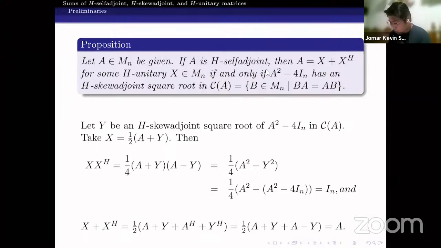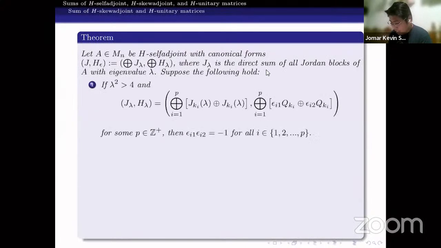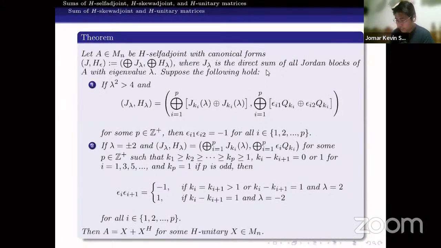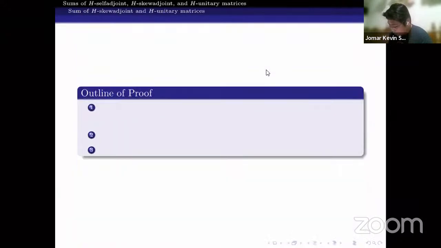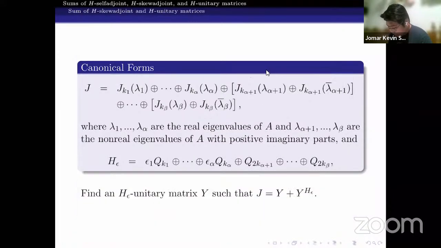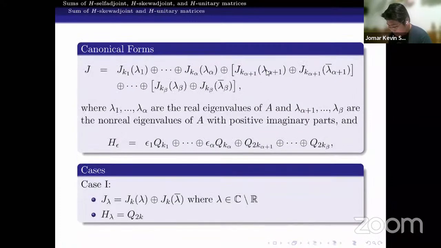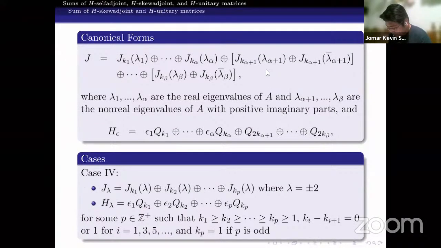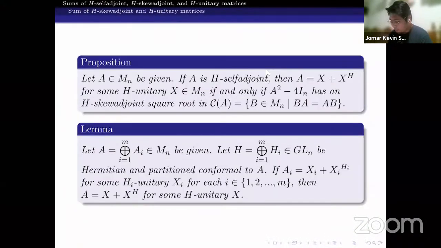Kasi kung napansin niyo po dun sa main theorem ko, this theorem only gives us sufficient conditions para masulat si A as x plus x to the h. So yung goal ko po sana dun sa MS thesis, syempre gusto natin necessary and sufficient. So sa ngayon, sufficient pa lang po itong nandito. So yung necessary kulang pa. Hindi siya ganun kasimple kasi kung matatandaan niyo po dito sa outline, ginamitan ko po siya nitong lemma. Ito po.